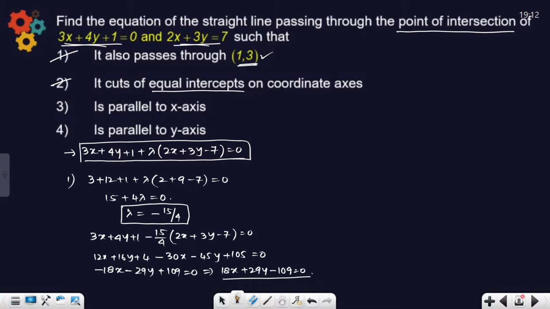Can you remember this? Write down in the chat section. What will be the slope of the line which is cutting equal intercepts on the coordinate axes? Write down quickly.